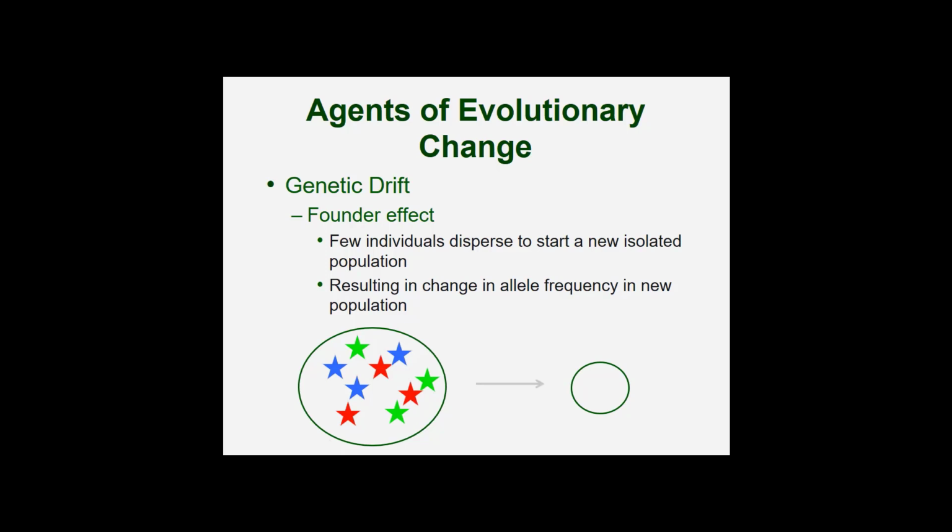Now, if a small subset of those migrates, say these three individuals were to migrate to a new area and start a colony, realize not all the alleles are present in a small subset of the population. Therefore, you will have a reduction in that genetic variation and a change in allele frequencies.